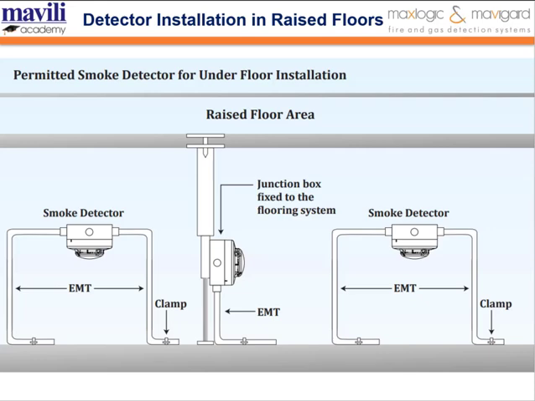The key point here is to avoid mounting the detector directly on the base surface. Instead, it should be installed within the middle of the void, where it is less likely to be damaged during maintenance or by structural pressure from the raised flooring system.